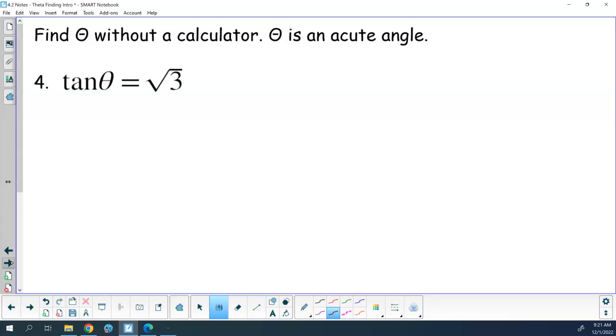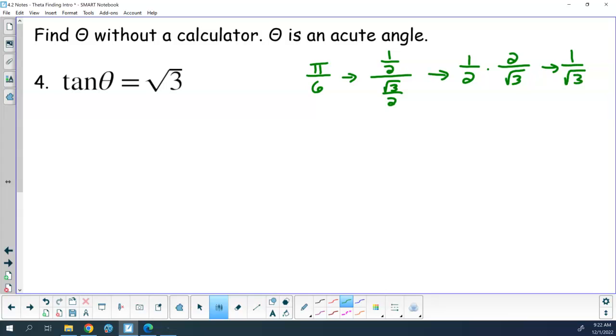Okay? So if I'm looking at pi over 6, because it comes first, tangent is y over x. So that would be 1/2 over the square root of 3 over 2. Keep, change, flip tells me that's 1/2 times 2 over the square root of 3, which becomes 1 over the square root of 3.